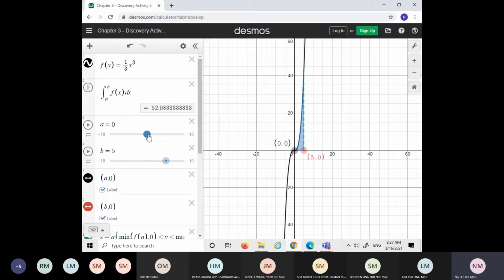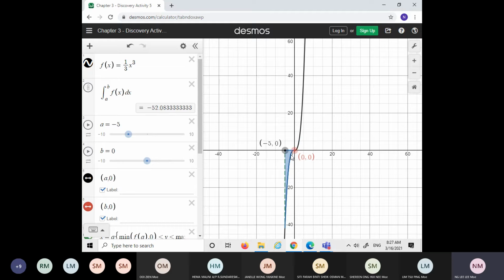Next, I want to make this negative 5 and this one 0.